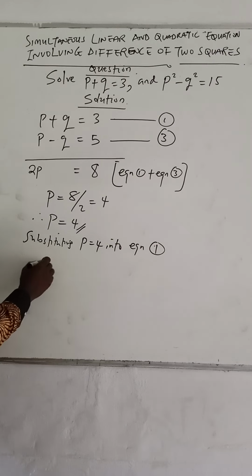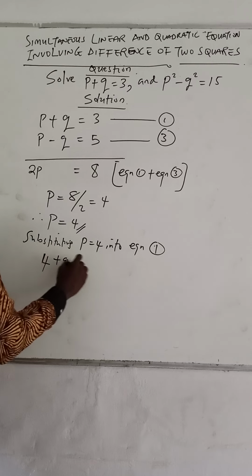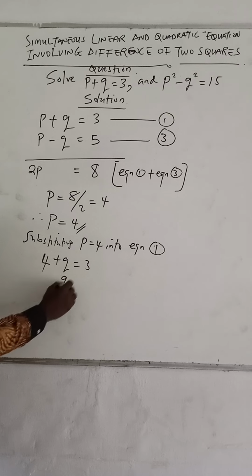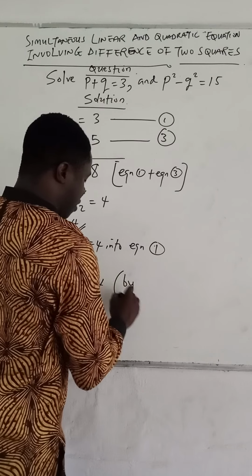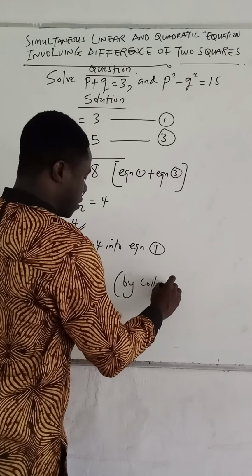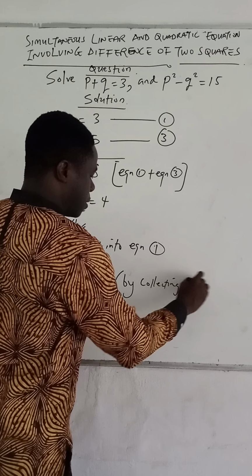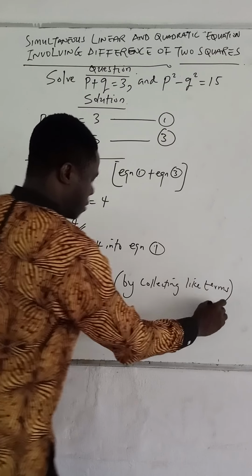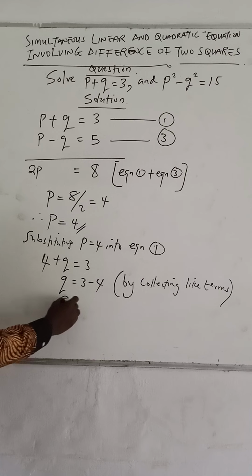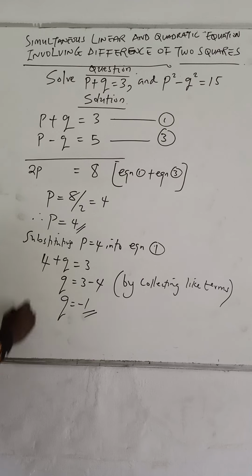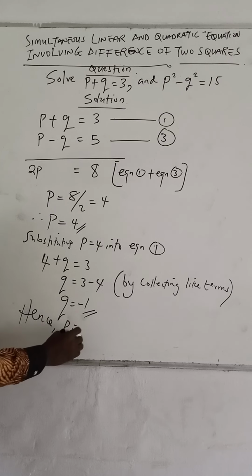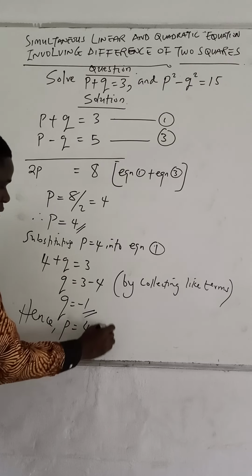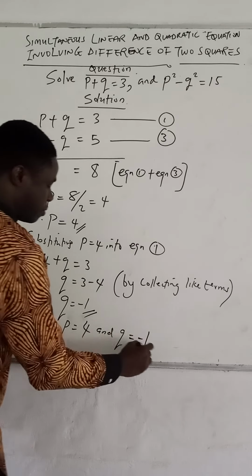We'll have 4 plus q equals 3. Then q equals 3 minus 4. By collecting like terms, q equals minus 1. Hence, p equals 4 and q equals minus 1.